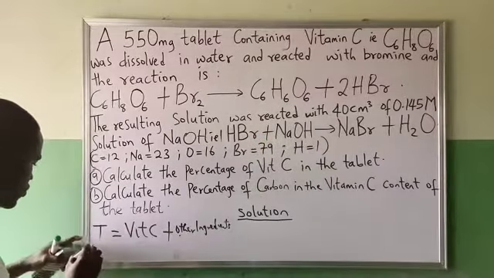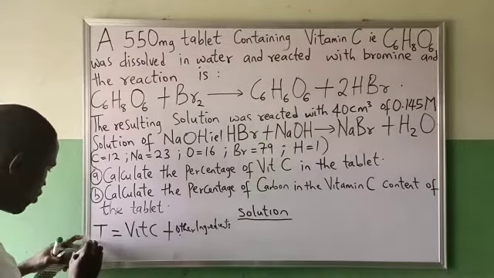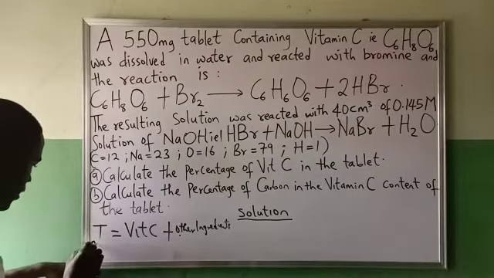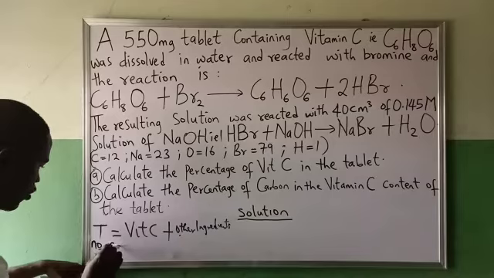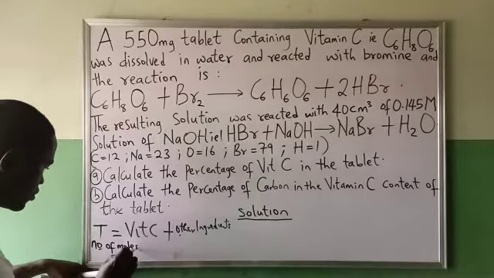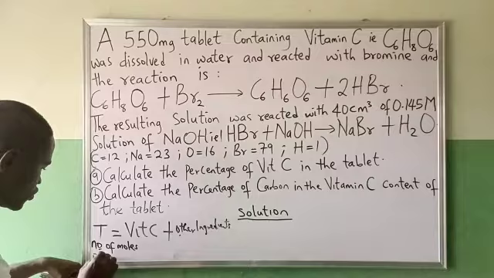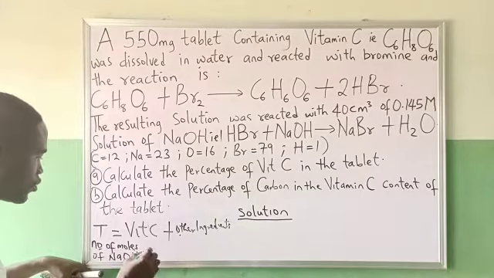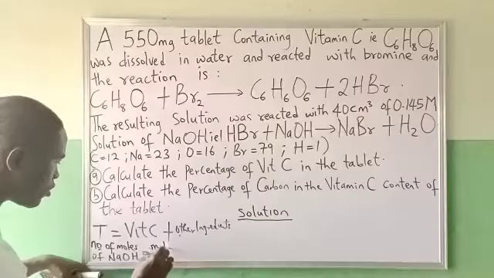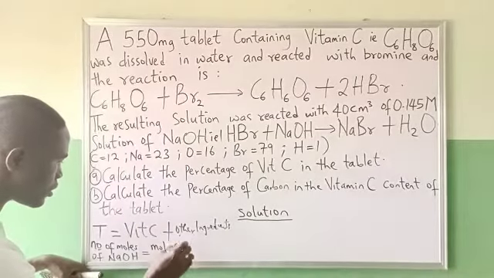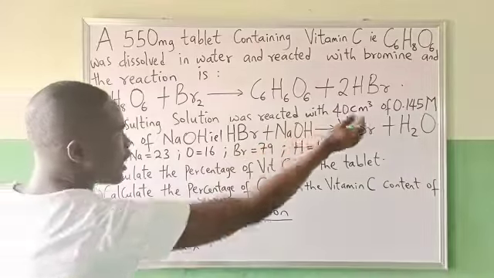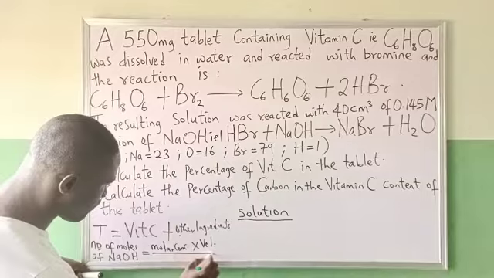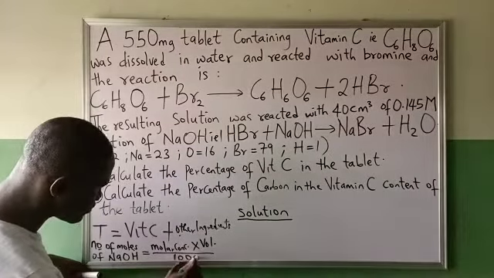Let's get it. Number of moles of sodium hydroxide that reacted is equal to the molar concentration times the volume given, all over 1000.